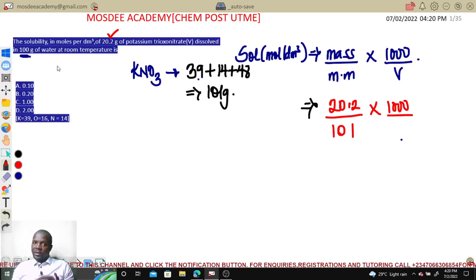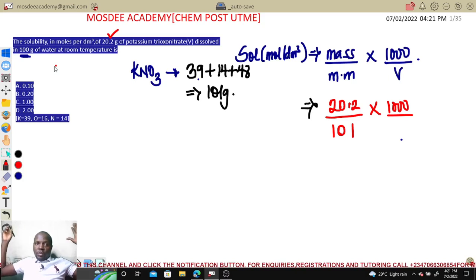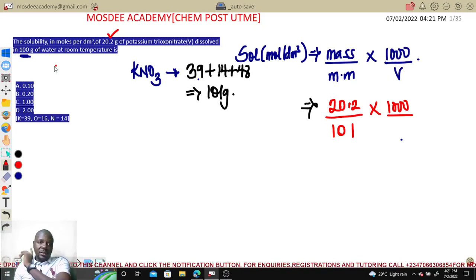It will help you, and that is the essence of coming here to learn all this. Make sure you understand all these things. They are very simple to know. The volume here is what was dissolved. Sometimes you see it in dm cube, sometimes it may be in gram of water. Molality, not molarity. We will still talk about that when we take concept by concept.